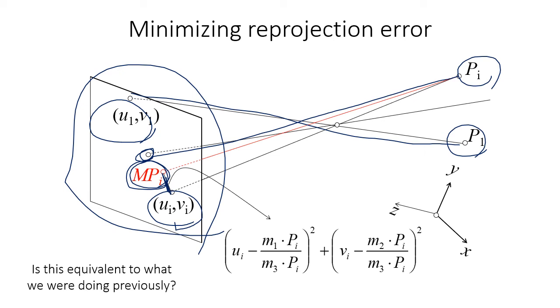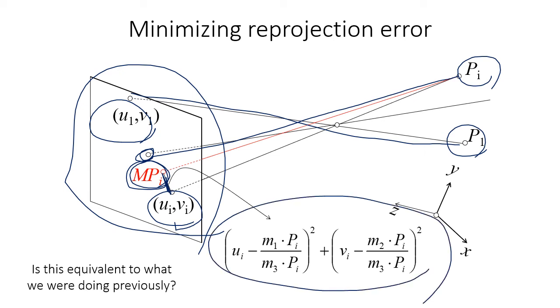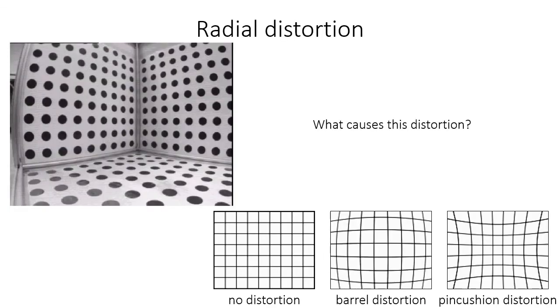The error value, like the mean of this distance, is widely used to express the accuracy of camera calibration, like less than 1 pixel error of these projections. Then it's very accurate, right? Okay, finally, let me explain what the radial distortion is.